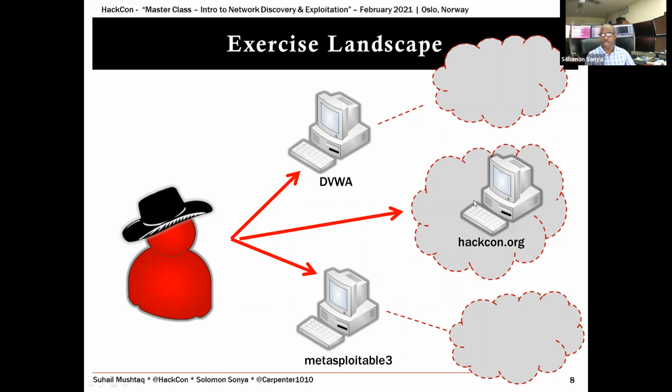Each of these represents systems inside the internet cloud. Knowing how to exploit these, a real world system out there is simply a variation on the theme. Very similar techniques, you just change the exploit from this one to that one, but your steps are the same. That's why these are good, rich systems to perform our analysis.